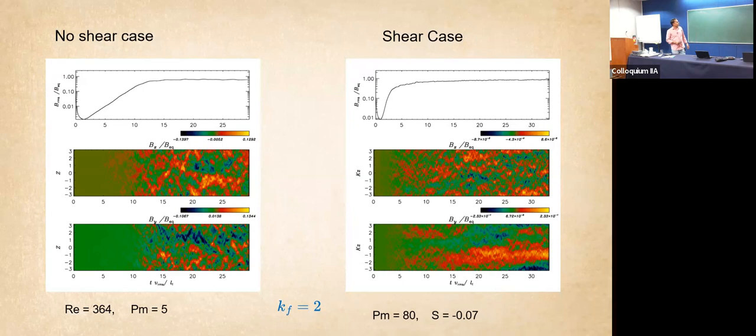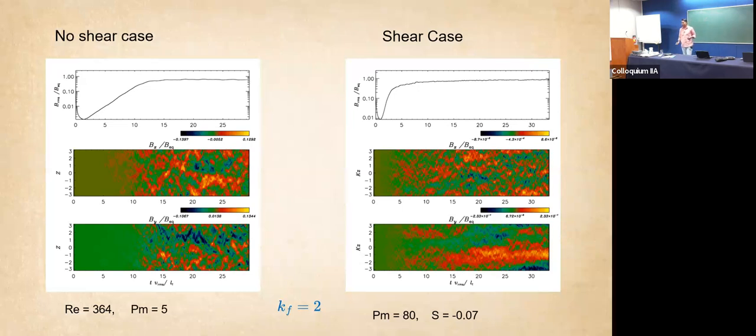What is the top panel? You are scaling the B. That is B equipartition, which is defined in terms of rho times u squared, the energy density.